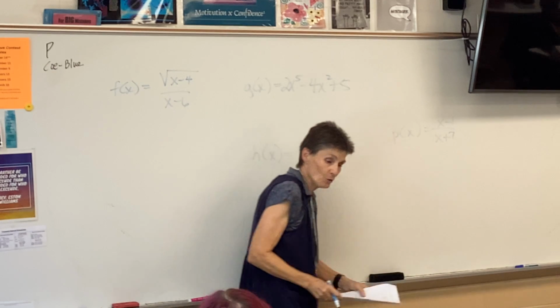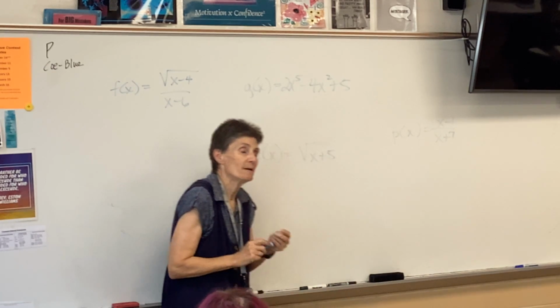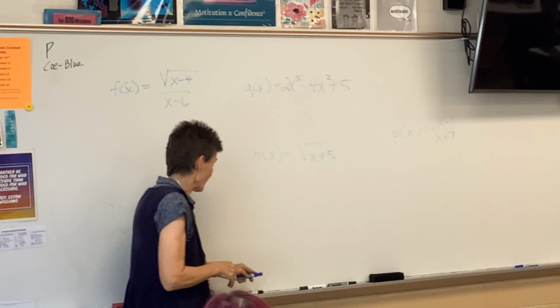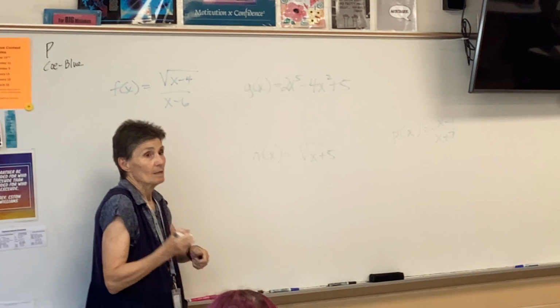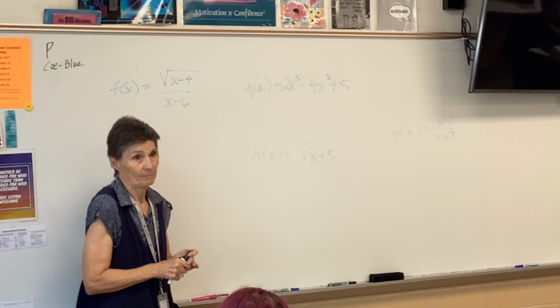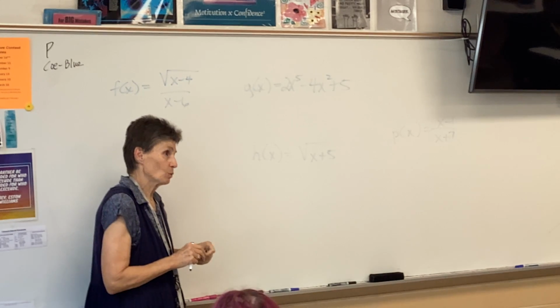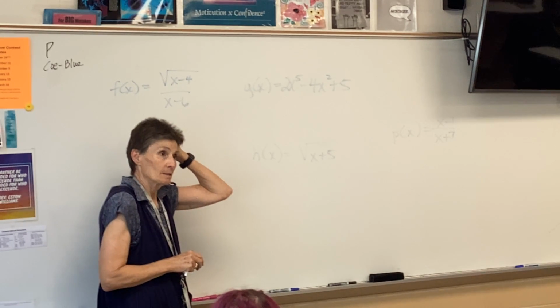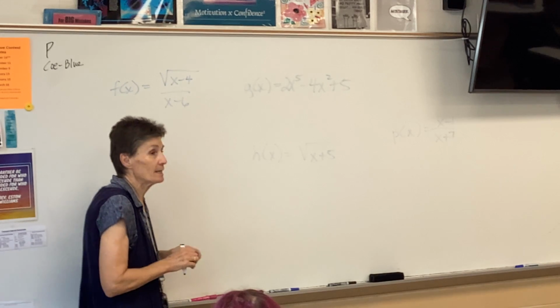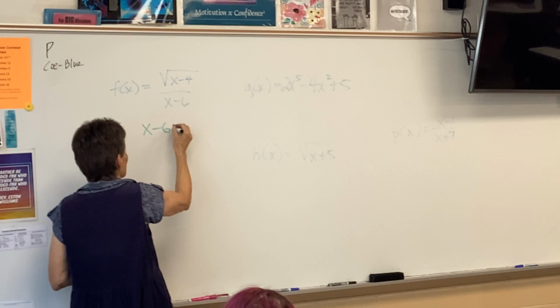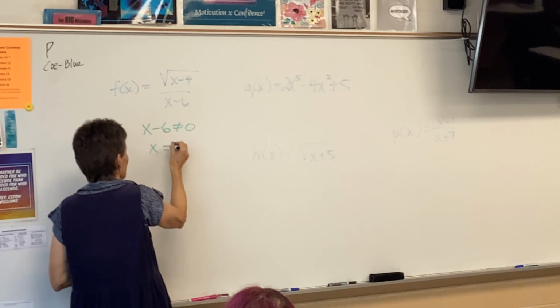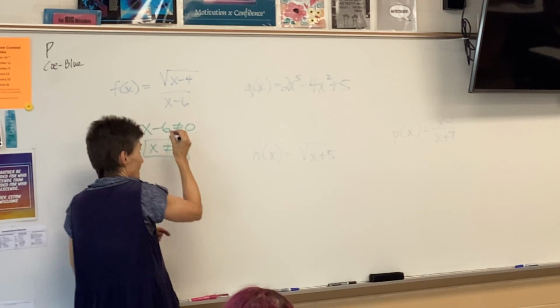All right, you will do this however it makes sense for you to do it. I will do it by following my rules. What are my domain rules? The denominator cannot be zero. So here's a denominator, cannot be zero, so x cannot be 6.